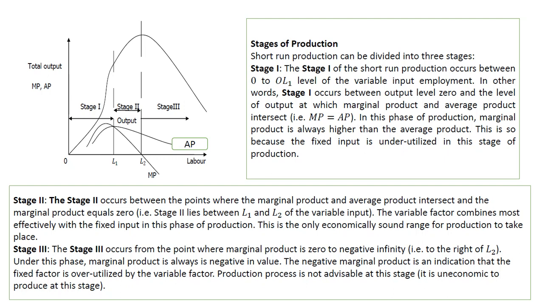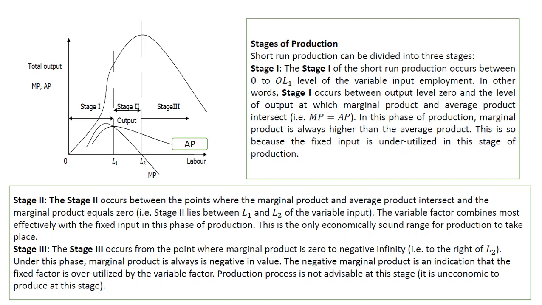Then we also have stage 1. Stage 1 starts from a place where the output is 0 and the level of labor employed, or the variable input employed, is 0, up to a point where the marginal product and the average product intersect each other.